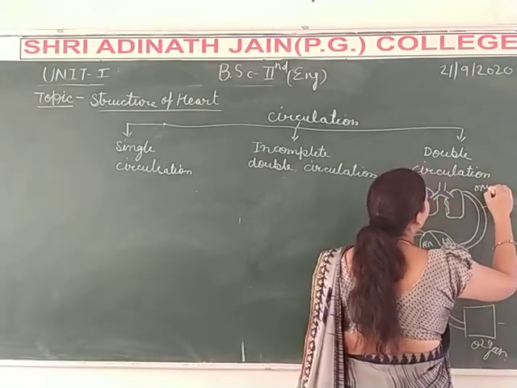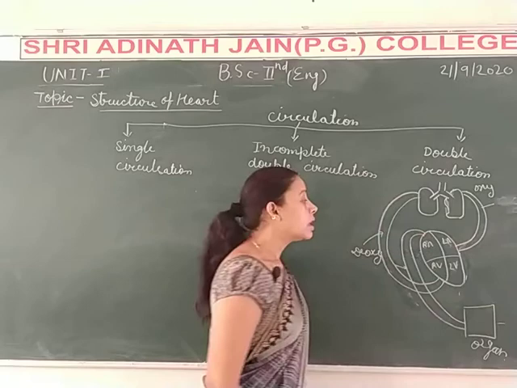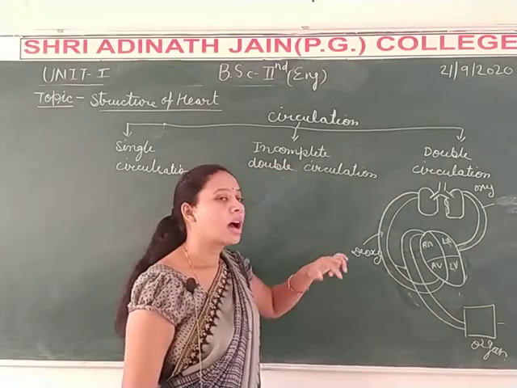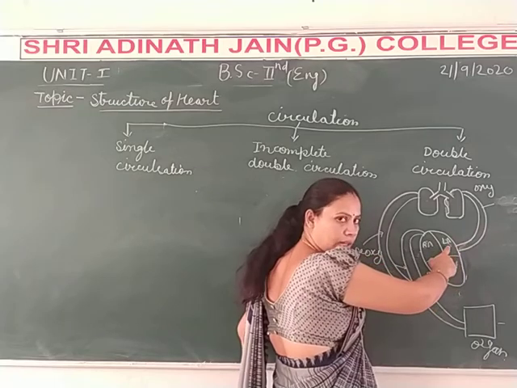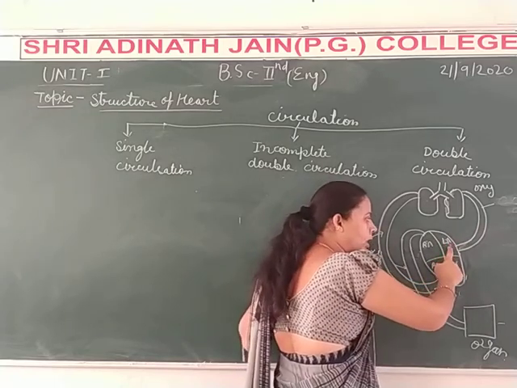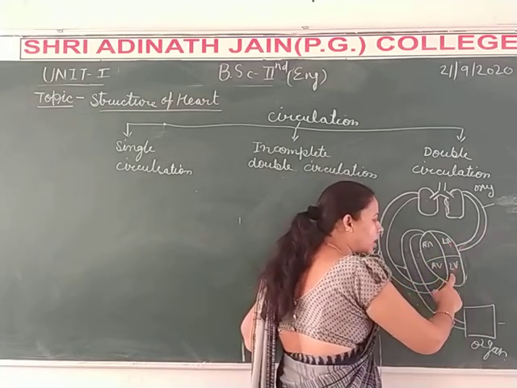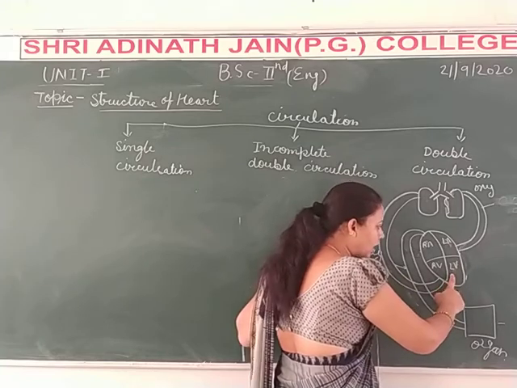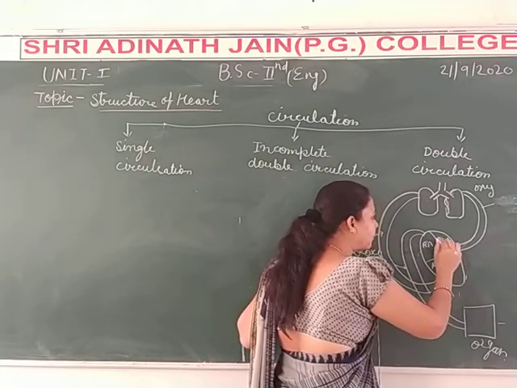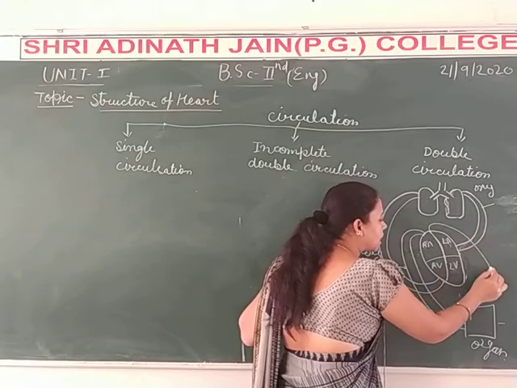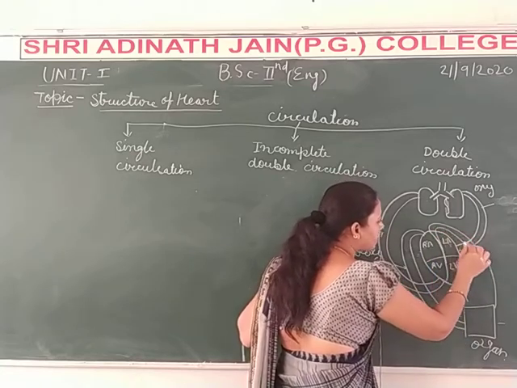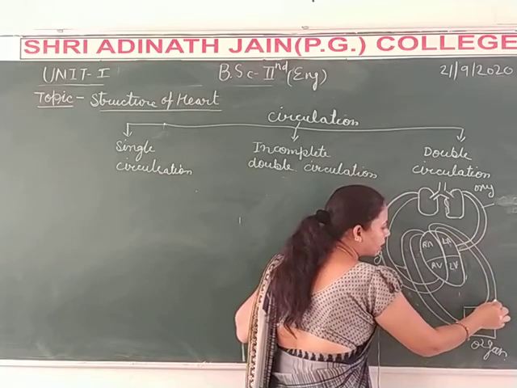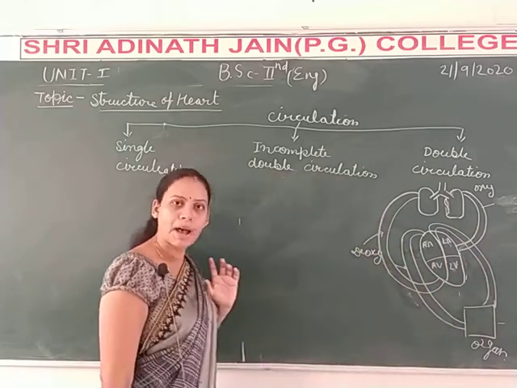This is the oxygenated blood. This oxygenated blood again enters the left auricle. From the left auricle, this blood is transferred to the left ventricle, and from the left ventricle this blood goes to the tissue. बात समझ में आई?